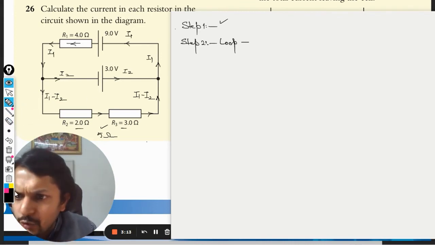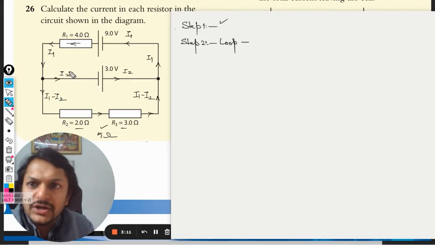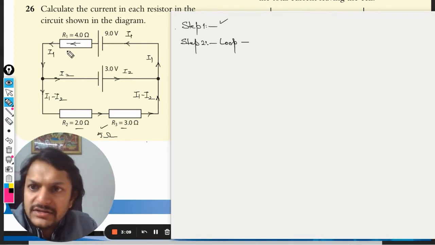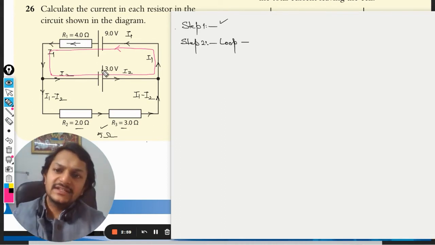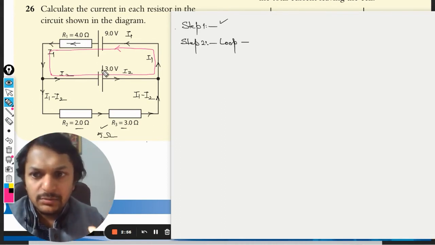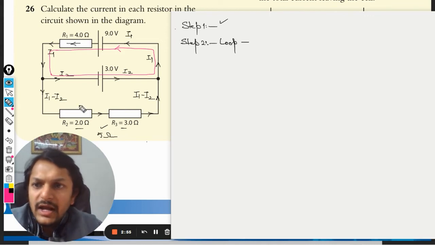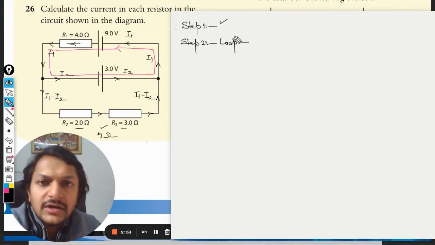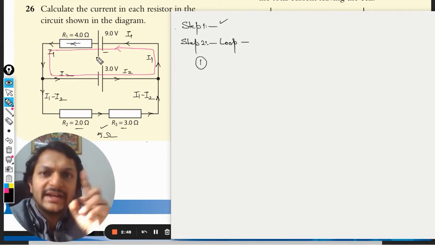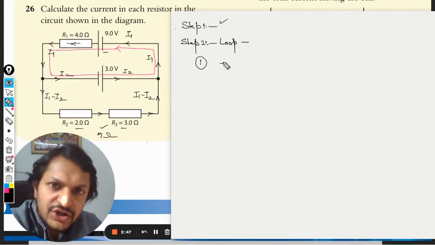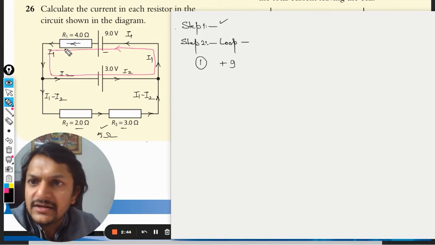So let us identify the loop first of all, and let us show the direction. The direction will be somewhere like this, it will move like this. Okay, so this is how the direction is moving. And so our first equation will be: we are now encountering the negative terminal of the battery first, so it will be plus 9.